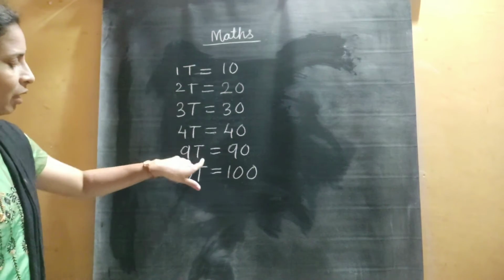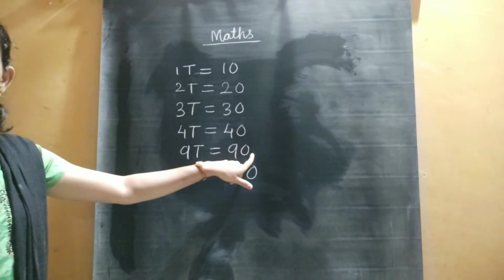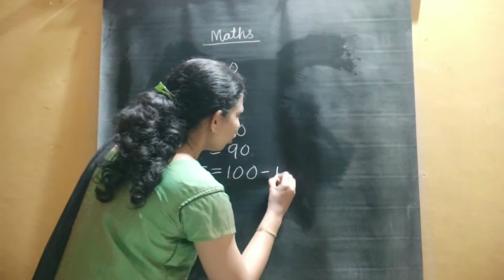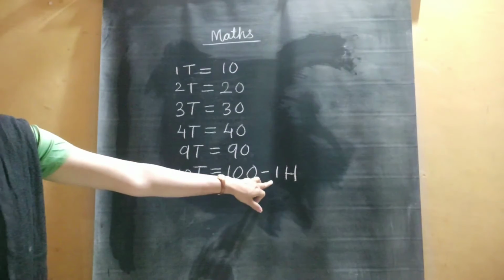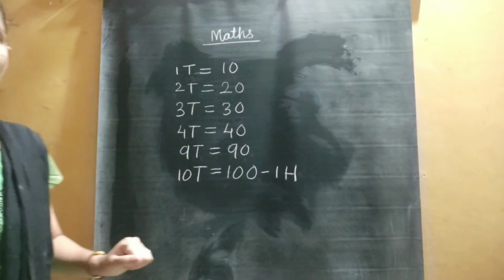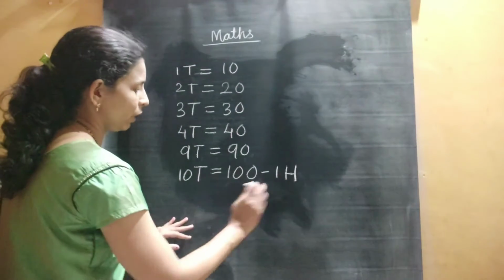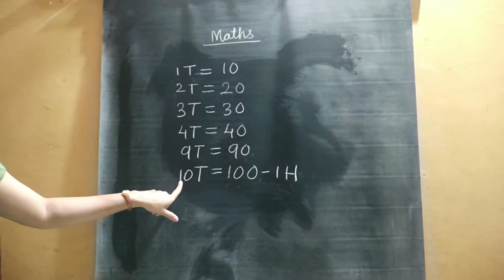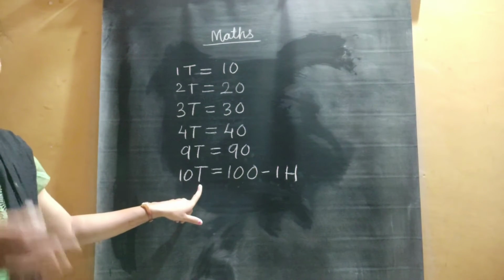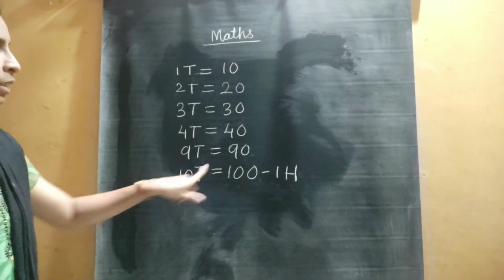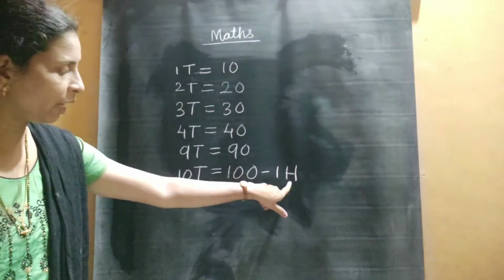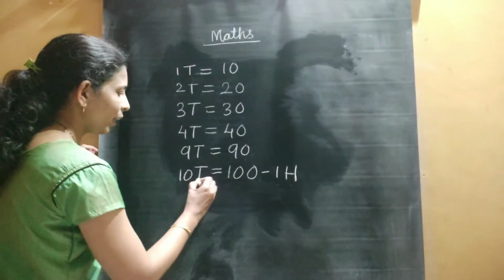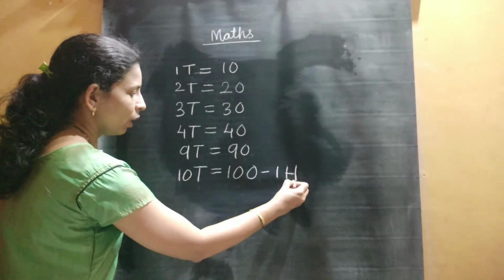It is also called 1 hundred. So 100 we can write as 1 hundred or as 10 tens. The values are the same. 10 tens is equal to 100 and 1 hundred is also equal to 100.